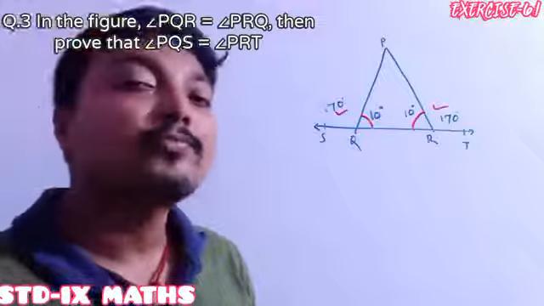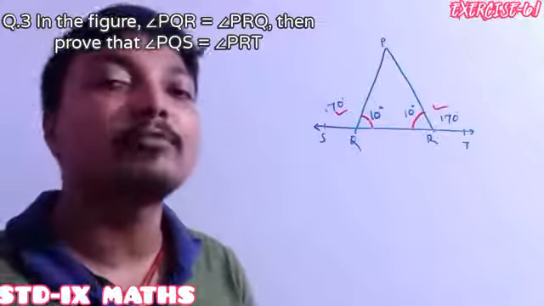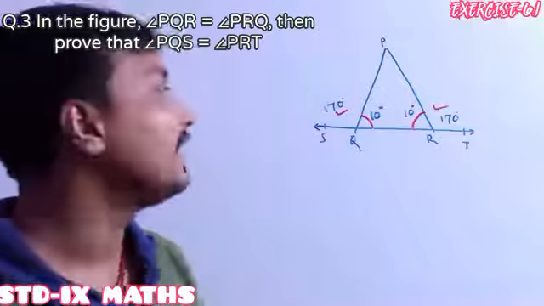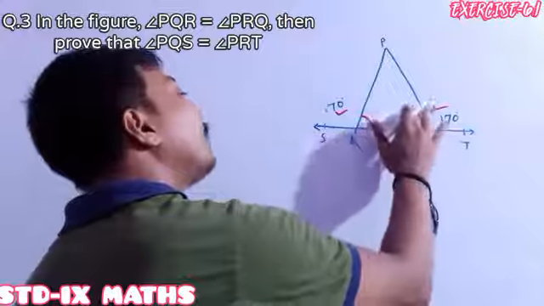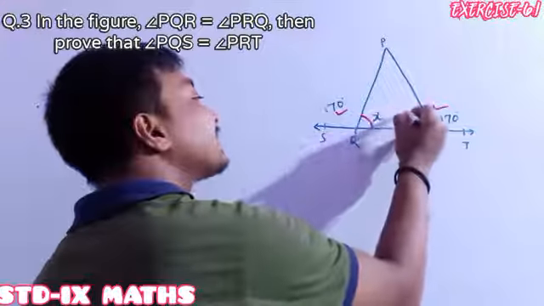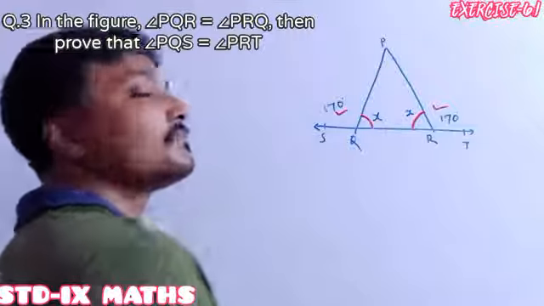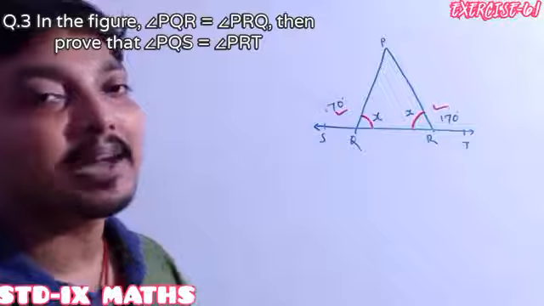Understood? So this is one particular case, but we have to prove this using our general formula. The general formula says that as both angle measures are equal, suppose this angle is x and this angle is x. See carefully, this angle is x, and also this angle is x.